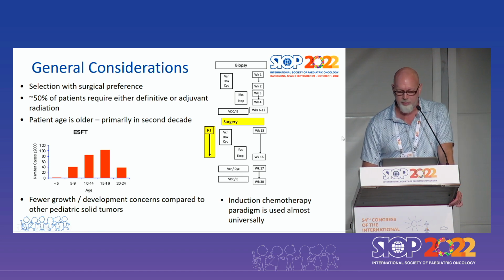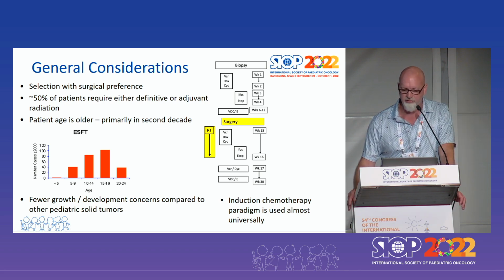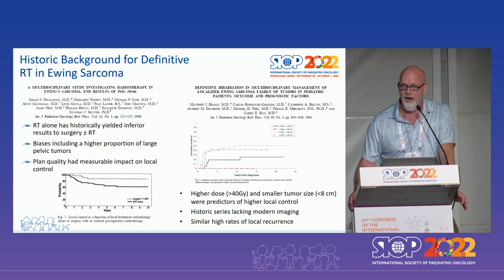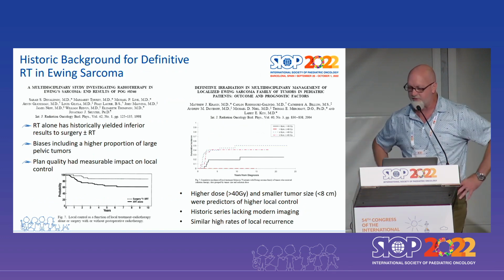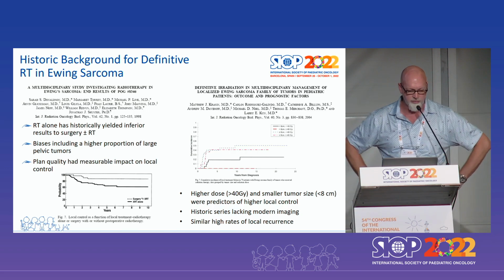It's always important to remind ourselves that this is a multimodal treatment, and radiation is integrated nicely into the middle of that package of chemotherapy with or without surgery, and there's really rarely an opportunity or a reason to consider a local treatment approach up front in Ewing's. So that's just a little background that frames the discussion of radiation oncology for Ewing's.